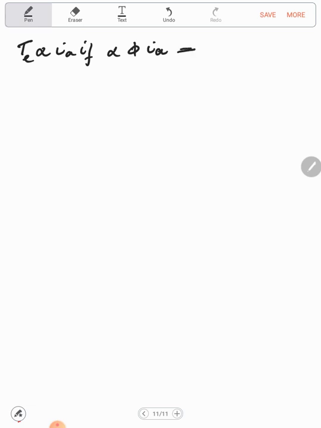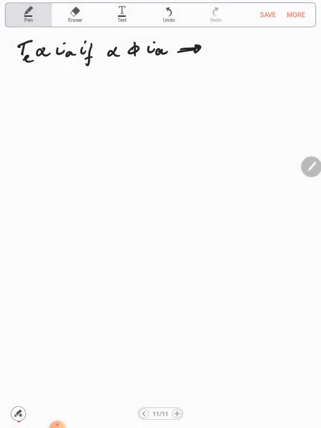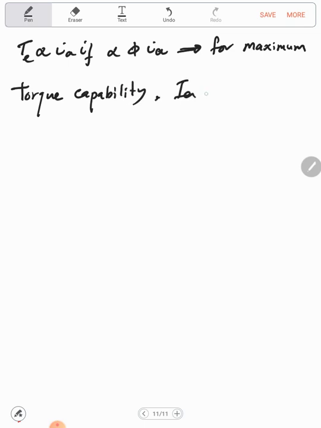So in order to achieve maximum torque capability, IA should be IA max, the maximum current allowed in the armature.